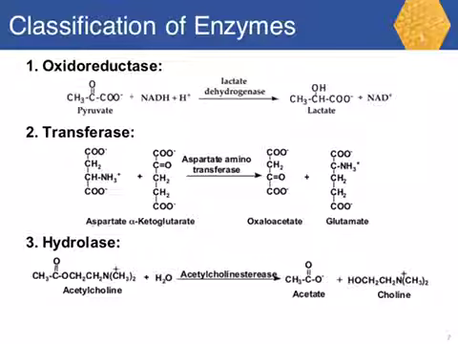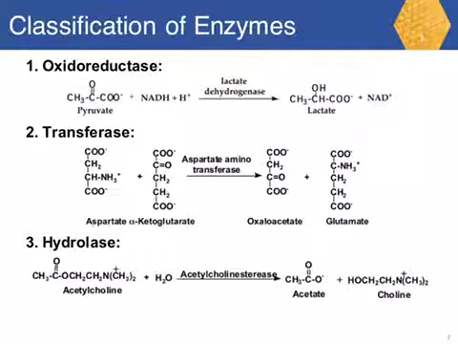In transferase, you're taking one functional group off of something and putting it on something else. You're exchanging them. So on the left, you have aspartate and you have alpha ketoglutarate. And using aspartate aminotransferase, amino refers to the group that it's transferring.